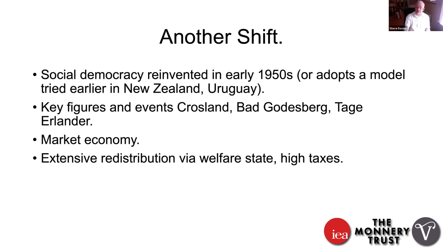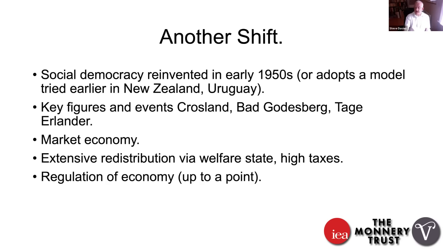So you have a market economy, but you then redistribute the wealth that it produces through public spending, high taxes, and a large welfare state. You have regulation of the economy up to a point. The Swedish economy, for example, is less regulated than the American one. So although there is regulation, the degree of that regulation can vary from one country to another.